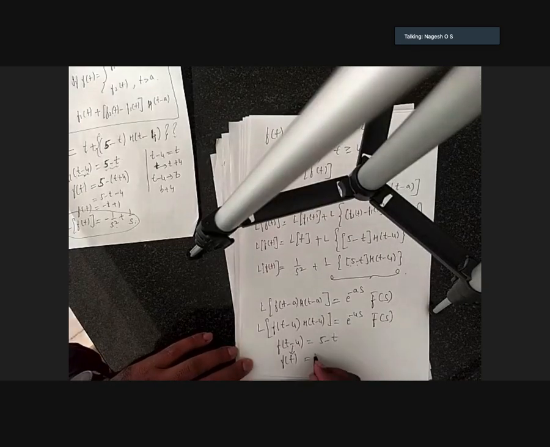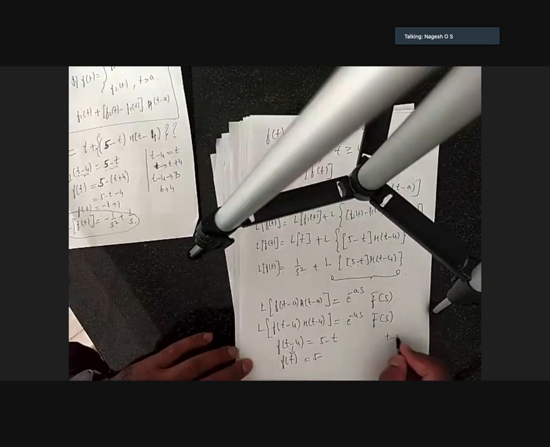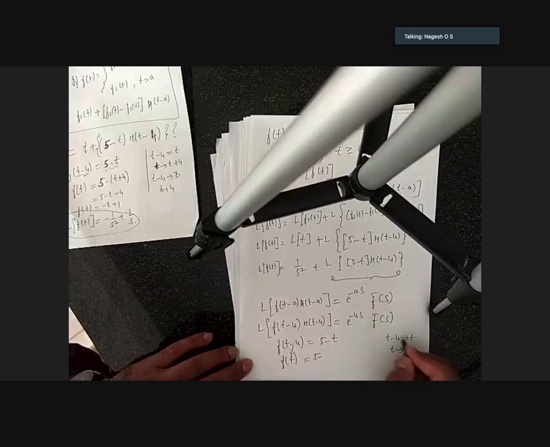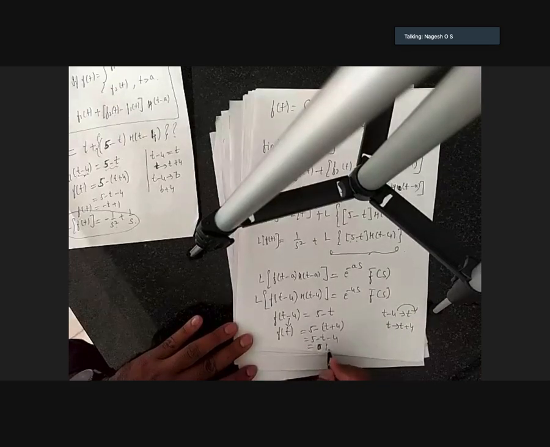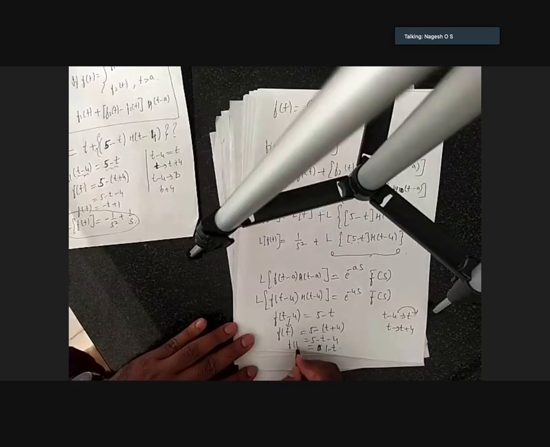F of t I need, which means in place of t minus 4 I am taking t, so in place of t, t plus 4 should come. So 5 minus t minus 4, which is 5 minus 4 is 1, 1 minus t. This is f of t.